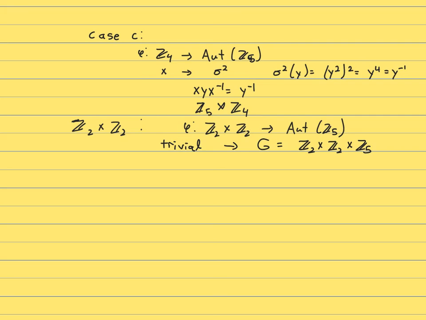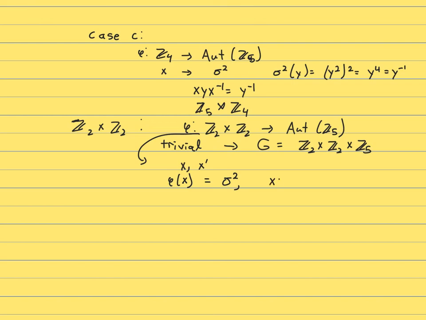So then let's call our generators x and x prime, both order 2. And so our homomorphism is going to have to send some element of order 2 to the element of order 2 here. Let's suppose without loss of generality that it sends x to sigma squared.